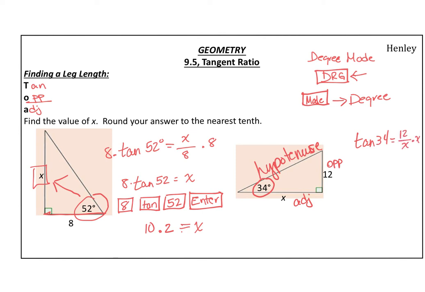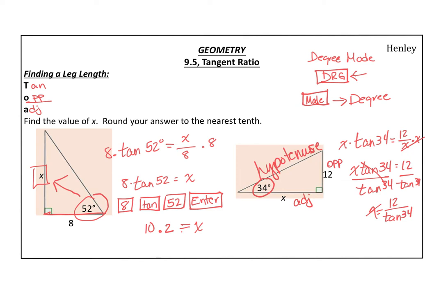Multiply both sides by x. That leaves us with x tan 34 equals 12. Divide both sides by the tangent of 34. X equals 12 divided by the tangent of 34.